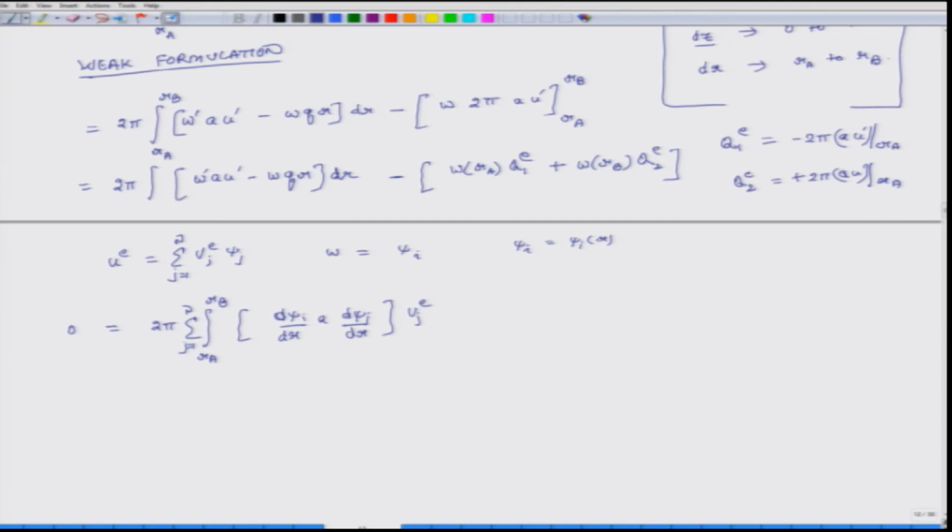So, this is one term dr, minus integral R A to R B 2 pi psi I q r dr, minus these terms in brackets.